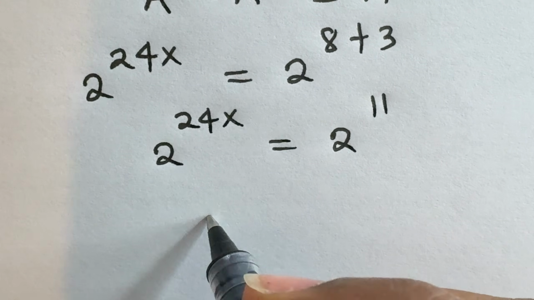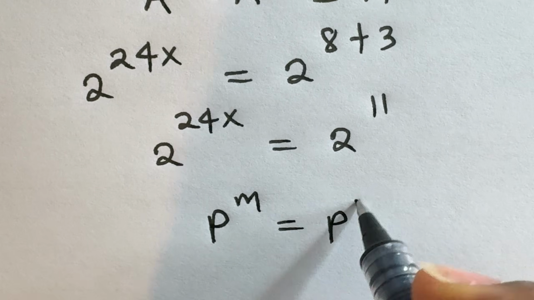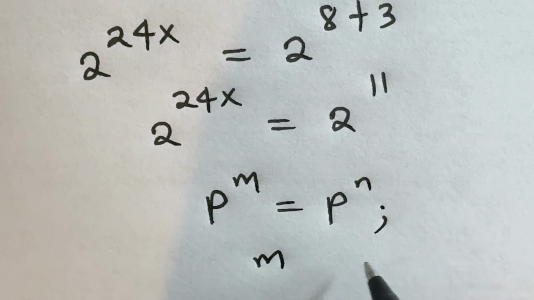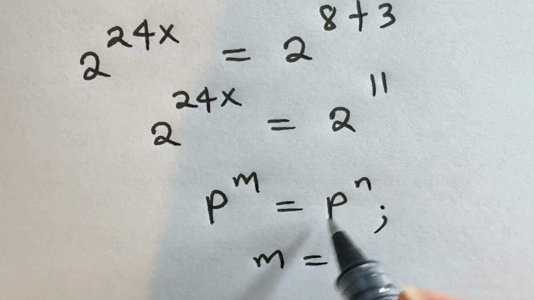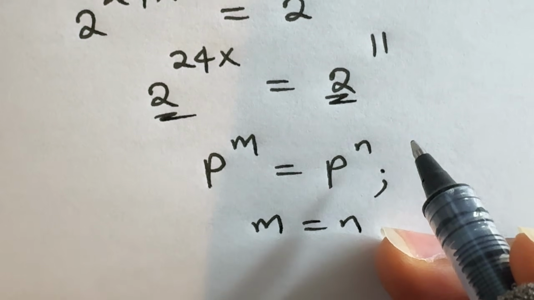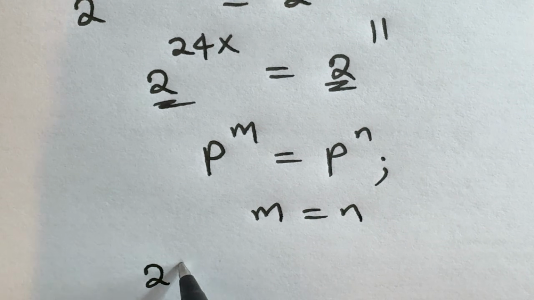By law of indices, given p raised to power m equals p raised to power n, this implies that m is equal to n, since the bases are the same. Now we have the same bases here. By this law of indices, the powers are going to be the same.